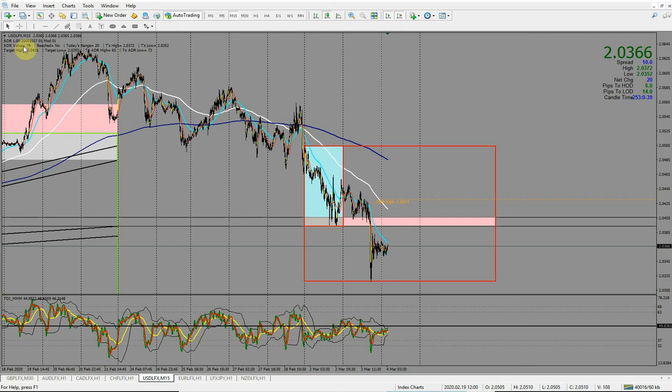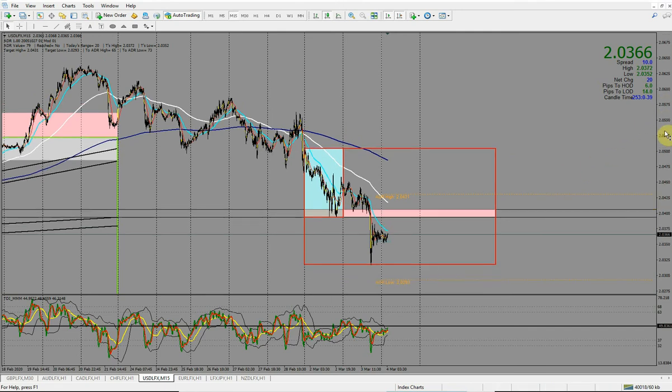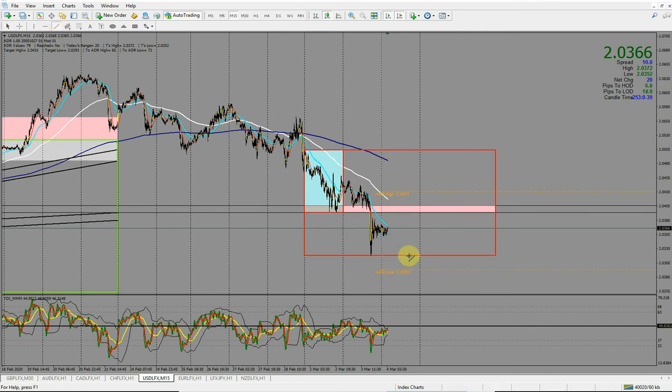My ATR is 79 pips. I'm gonna wait for this price to come here, and then from then on I'm gonna take it short from this high.